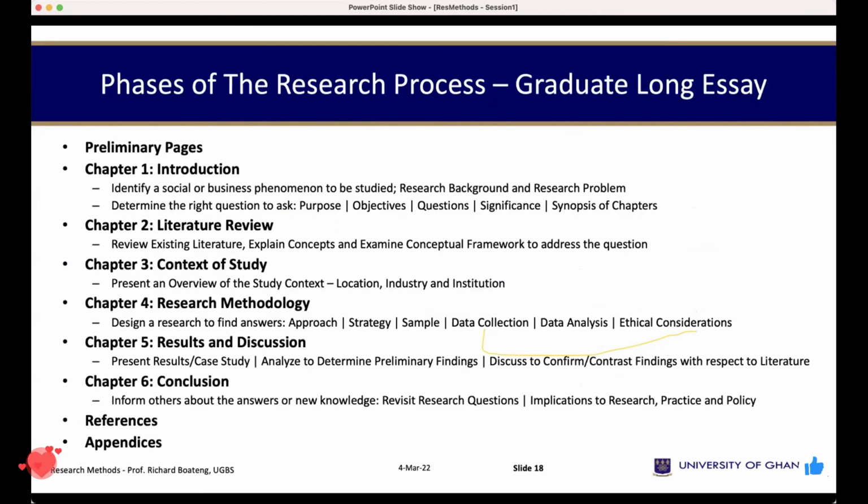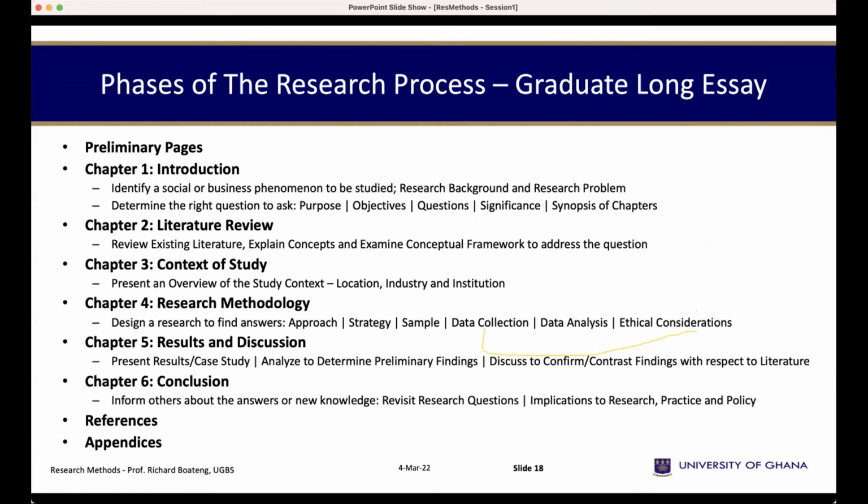Now, this is how it turns out in a graduate long essay. After the preliminary pages, chapter 1 is the introduction, chapter 2 looks at existing literature, explains concepts, and examines the conceptual framework. Chapter 3 gives an overview of the study context: location, industry, and institution.